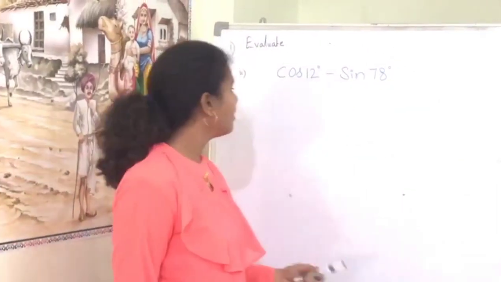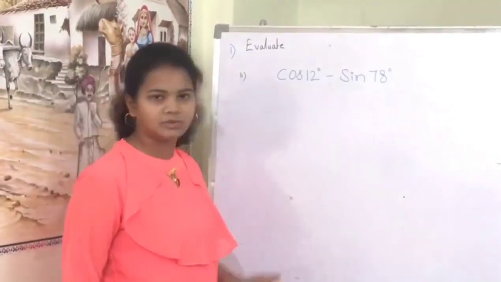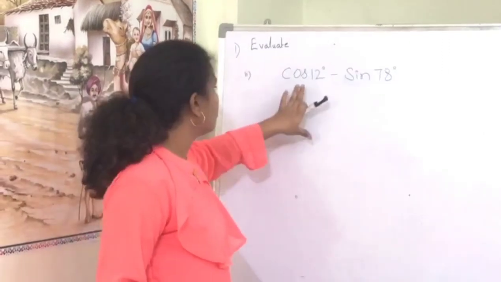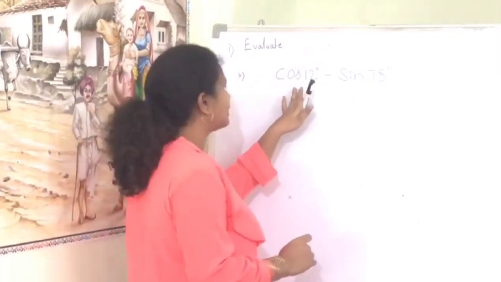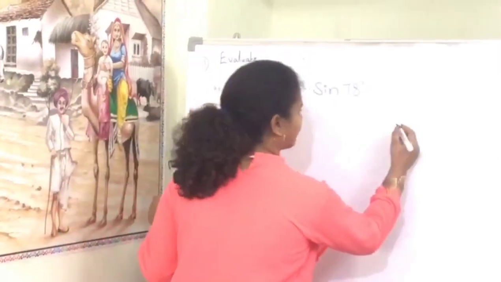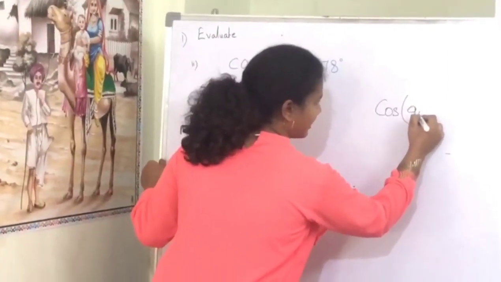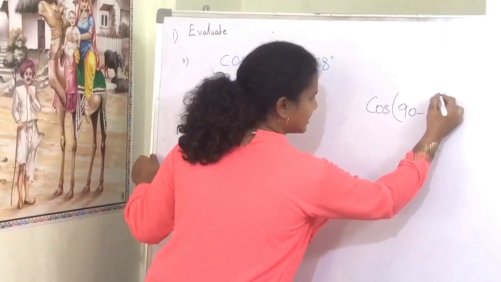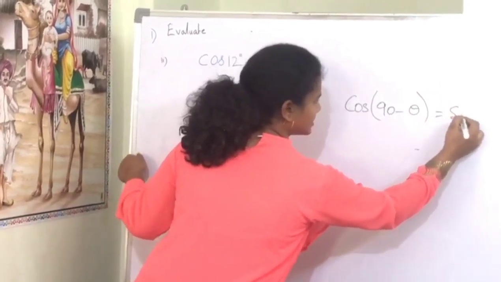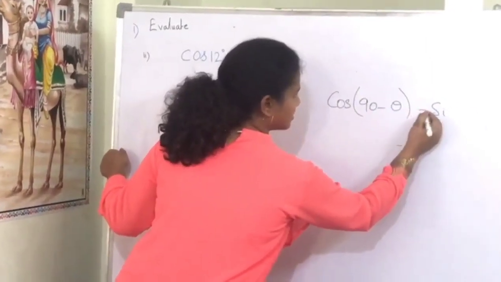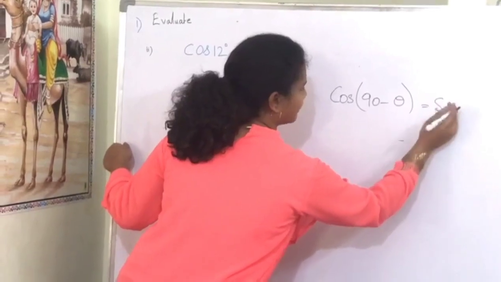Here I would like to change cos 12 degrees by using cos 90 minus theta as sin theta.